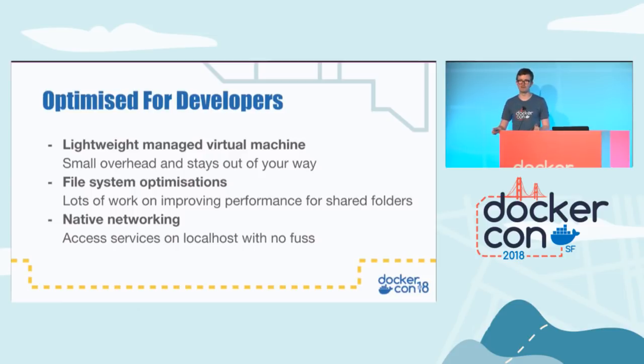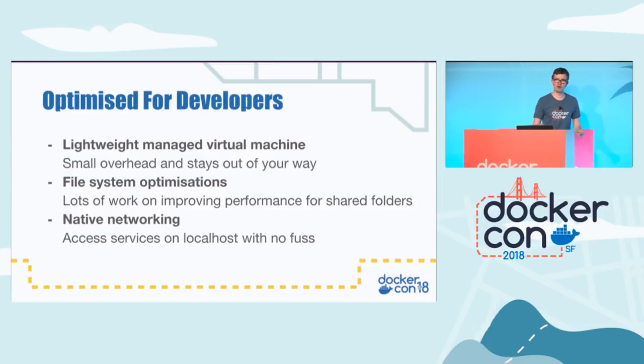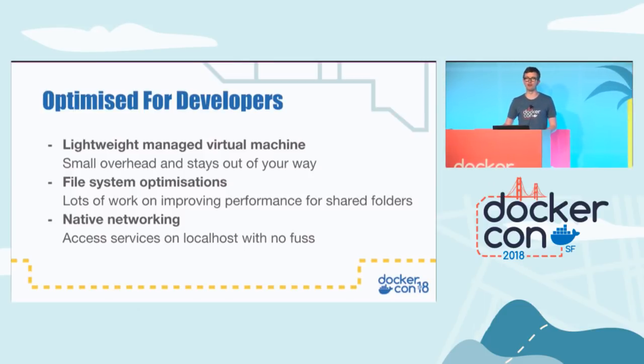I'm sure lots of people have previously used desktop virtualization to solve similar problems. And you end up with a management overhead. You end up with everyone basically being a sysadmin on their local machine. Docker Desktop doesn't have that problem. We also do a lot of work around file system optimization, really improving the performance for local developer workflows.